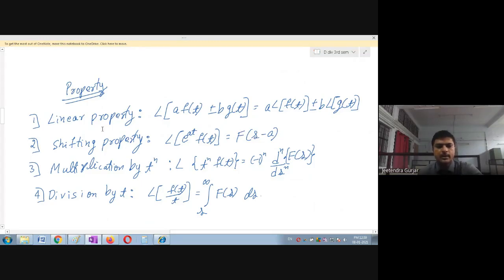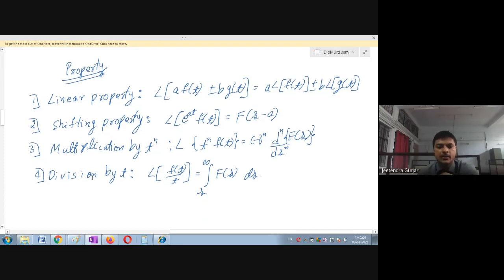So, shifting property. Next property is multiplication by t raised to n. You can see here, students, this is Laplace transform of t raised to n into f(t) is equal to minus 1 raised to n, d raised to n upon ds raised to n of F(s), means the n-th derivative of this transformed function in terms of s, F(s).